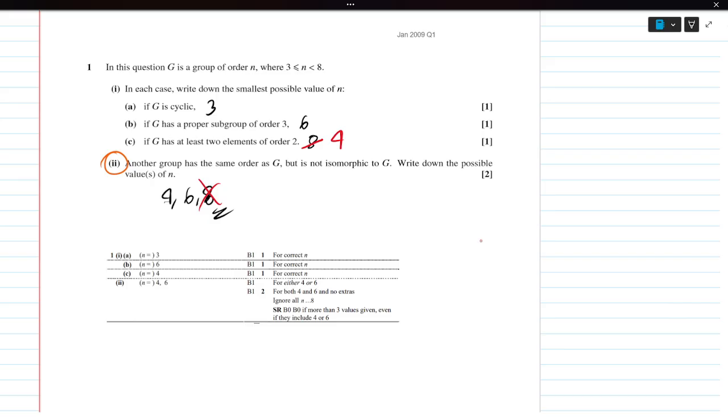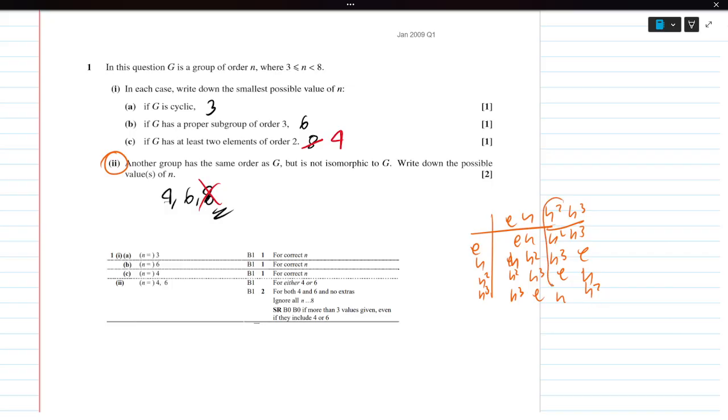Yeah, it doesn't. e is the identity, h, h squared, h cubed, and so on, h to the 5, h to the 6, h squared. Yeah, this is the only term that's order 2, so it's not possible.